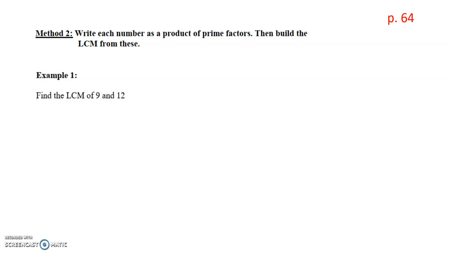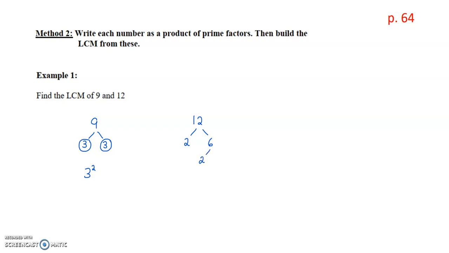The first example has 2 numbers that aren't that big, but it's a good starting point for us. So lowest common multiple of 9 and 12. So if you remember our factor trees, we're going to start dividing by prime numbers. 9 is divisible by 3, and so 9 is the result of 3 times 3, or 3 squared. 12, we can divide that by 2, giving us 6.